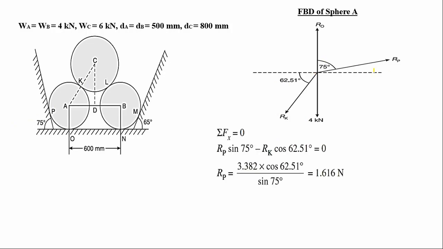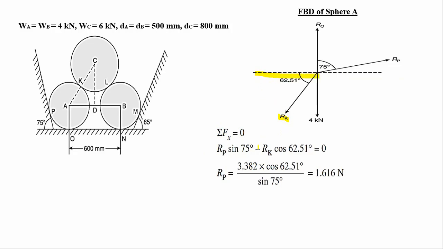First we apply summation of Fx is equal to 0. RP has to be resolved along the x direction. The arrow is going to move towards the right, so it is plus. We are resolving away from the angle, so it is sine of 75 degrees. Next we resolve RK along the x direction.